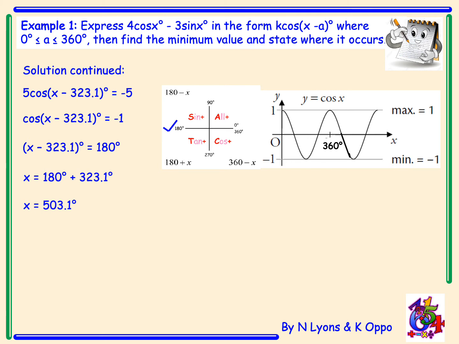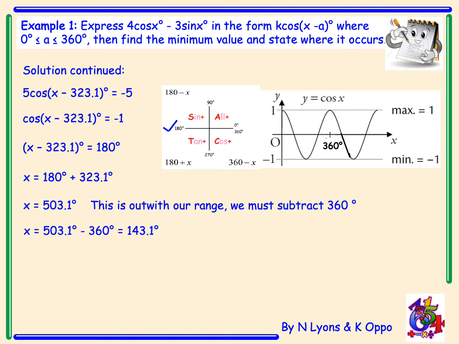Now, this answer might seem a little strange as 503.1 degrees does not lie within our range between 0 and 360. Therefore, that must be the second time, or if we were to draw a second wave, that is exactly where the graph would hit its minimum. So to find where the first wave would hit its minimum, we need to take away 360 degrees, a full wave.